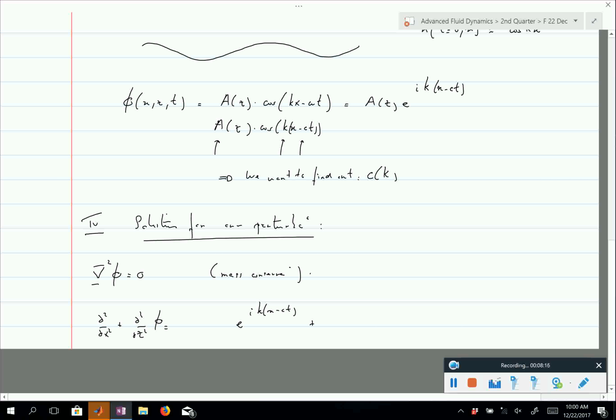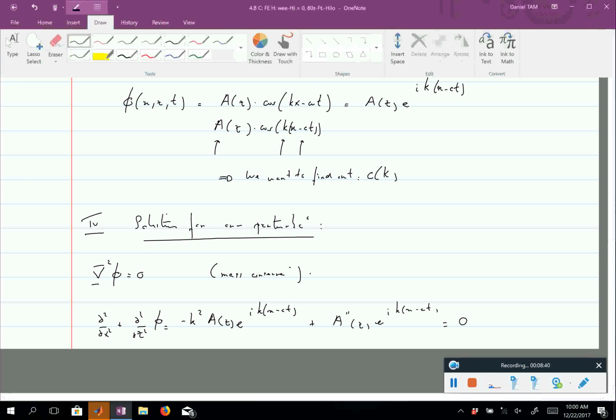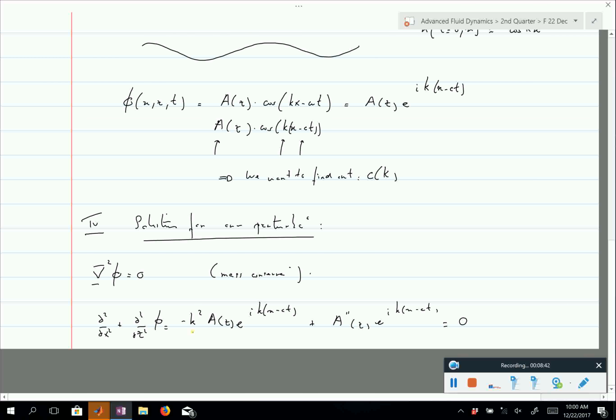When I take the second partial with respect to x, I have to multiply twice the exponential by ik, so I get a minus k squared a(z) plus the second derivative with respect to z of a times exponential i(kx minus ct). And that has to be equal to 0. So just note that this is my second partial with respect to x, and this here is my second partial with respect to z.